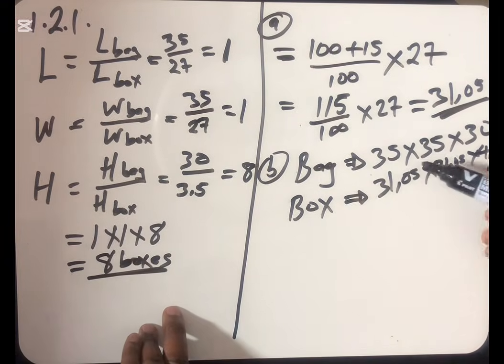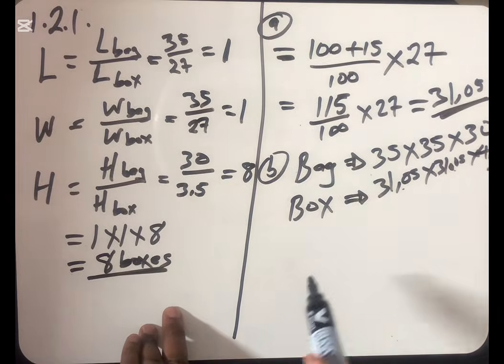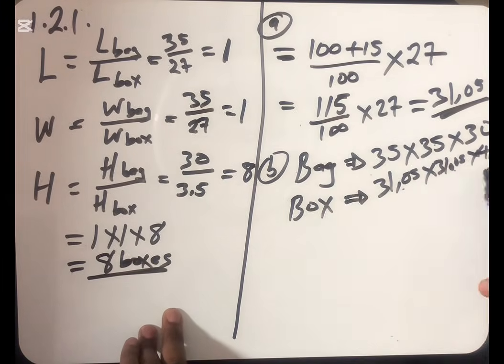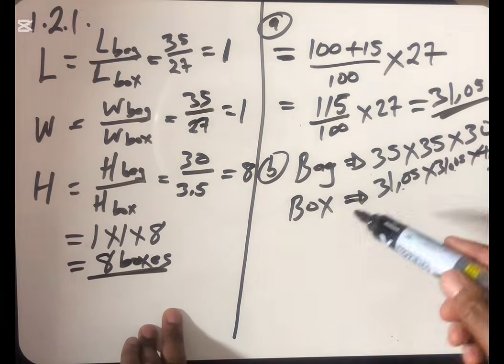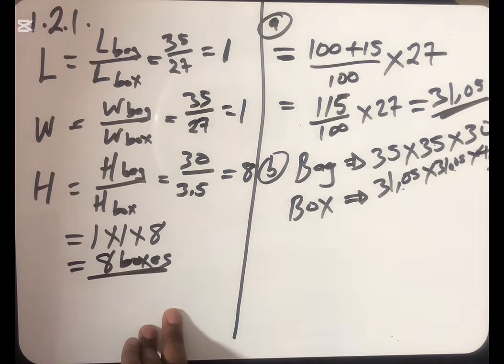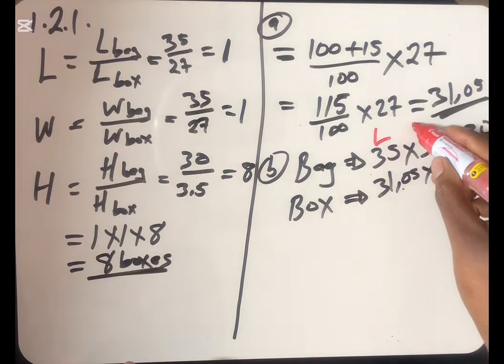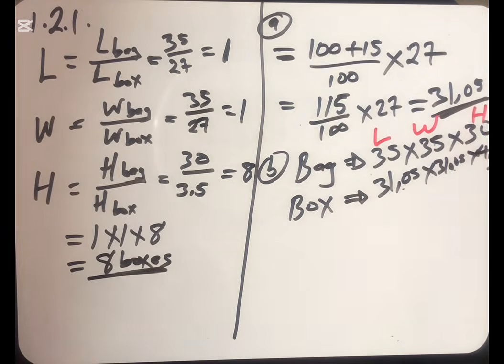So now if you compare the height of a bag and the height of a box, the length of a bag and the length of a box, as long as the dimension of a bag is still bigger than the dimension of a box, the box can still fit inside the bag. So if we compare, let me use a different pen here. This represents our length, our width, our height.